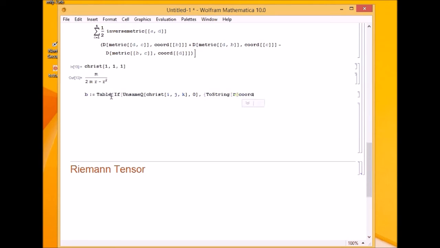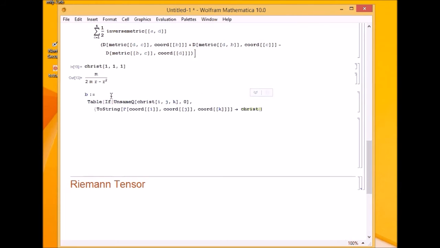Now gamma, and I want it to be nicely displayed, so that's why I'm writing in the form of coordinates. So this basically means I'm printing out gamma ijk in the form of coordinates equals whatever the value is from the function.